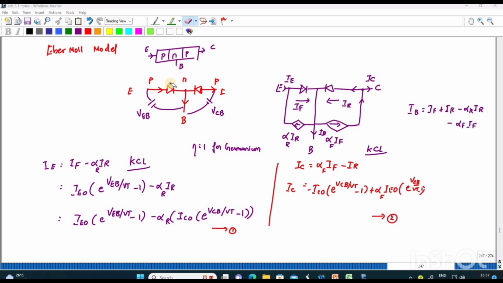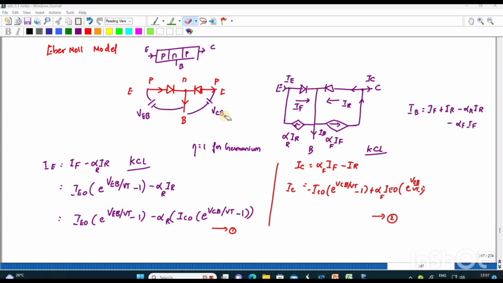So let me draw the two diodes. This is a PN junction diode and this is also a PN junction diode. This is emitter, collector and base. Across the emitter and base you have a voltage called VEB. Across the collector and base you have a voltage called VCB.